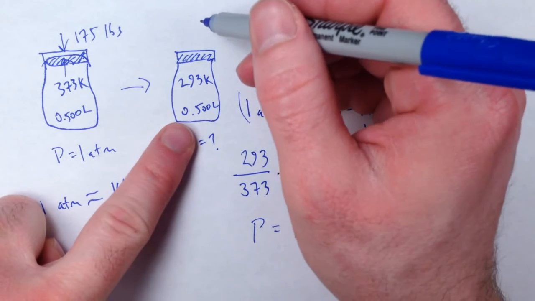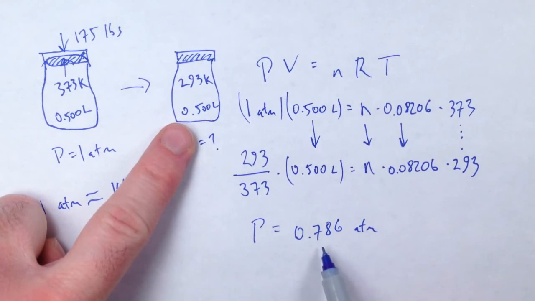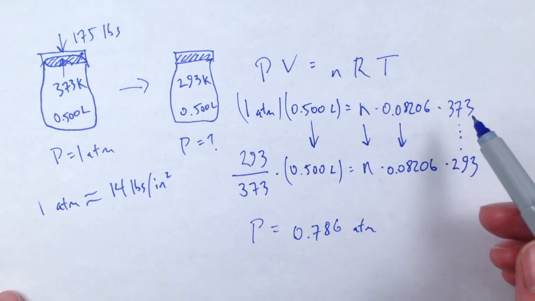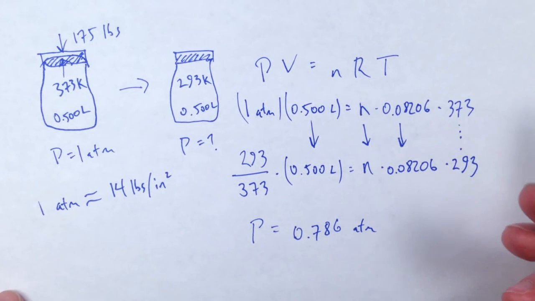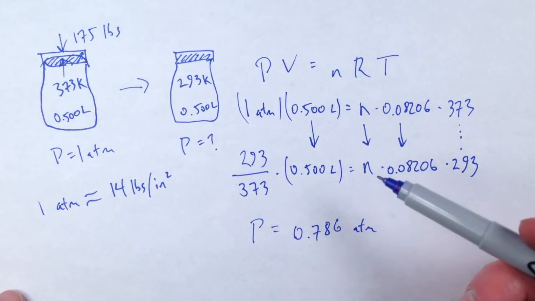Now I've got 175 pounds pushing down, but only 78.6% of that pushing back up. So the equilibrium is off by almost a quarter.